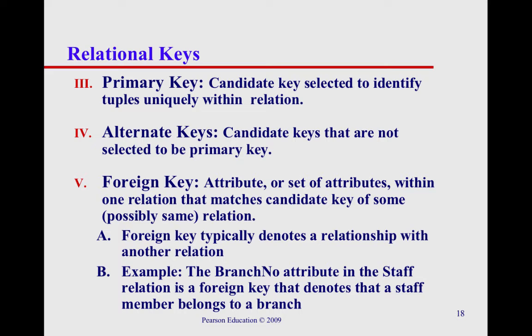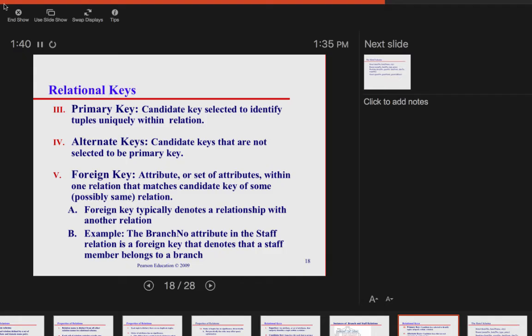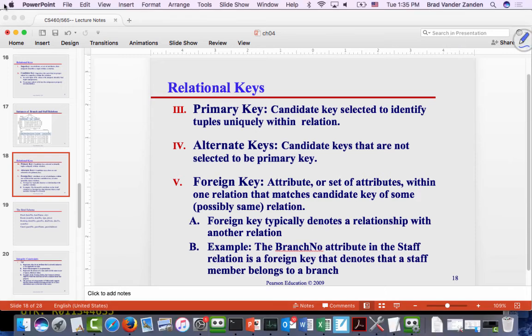So we talk about orthogonality. A foreign key is going to be a set of attributes that matches a candidate key in another relation, or actually sometimes it's the same relation.